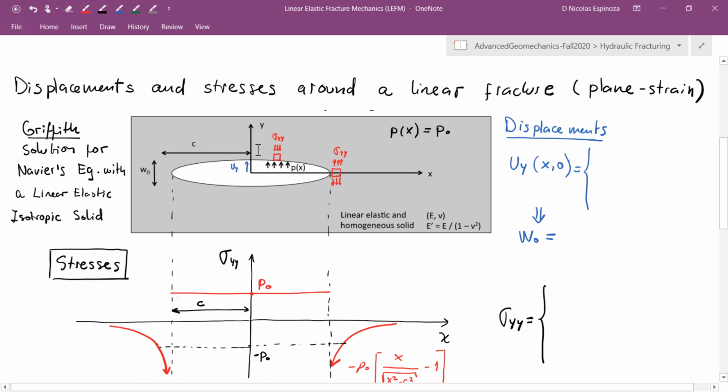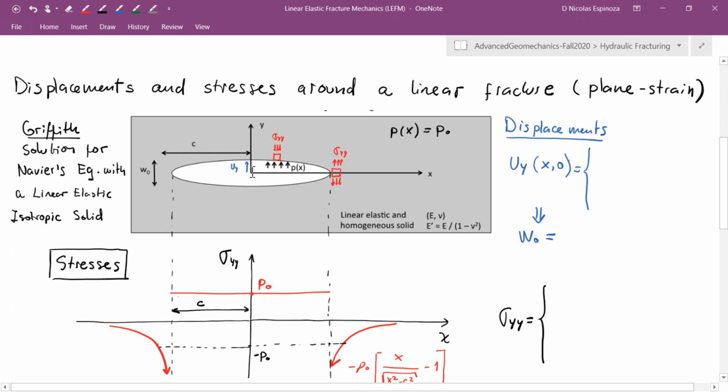understand that solution. First of all, if I have a net pressure, in this case just called P, which is higher than 0, then I would expect a certain deformation in the fracture.